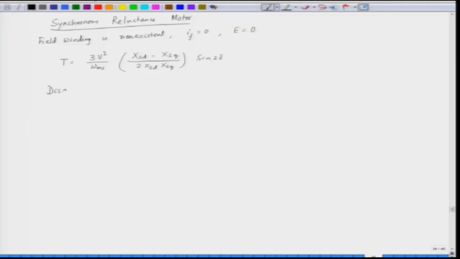So, the disadvantage of this motor is poor power factor, as the flux is also produced by the stator current.